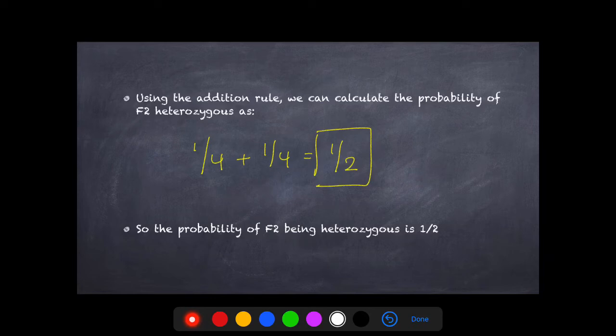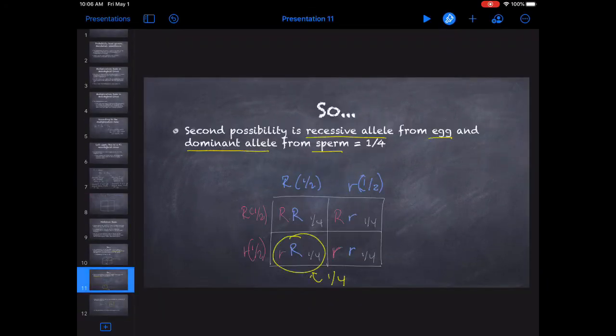So with the addition rule, what we can do to calculate the probability of this F2 heterozygous is to add both of those probabilities. The probability from possibility number 1, probability from possibility number 2, and when you add them together, you get 1/2. So the probability that the F2 will be heterozygous is 1/2, because you're taking the probability that each sperm and egg can give to cause it to be heterozygous.